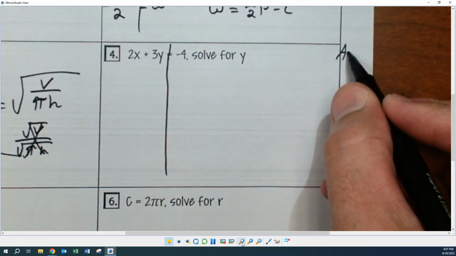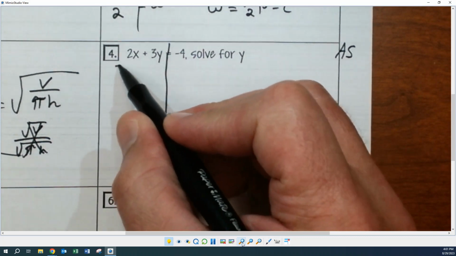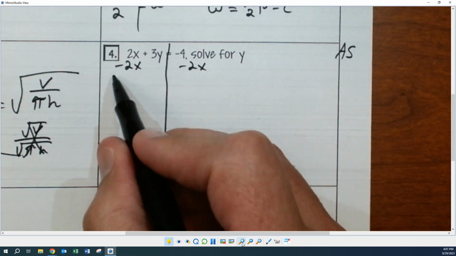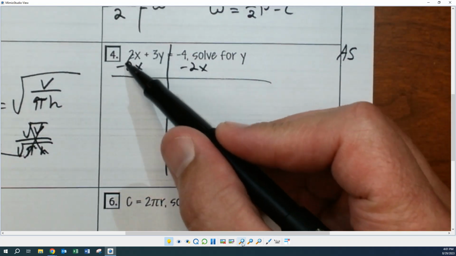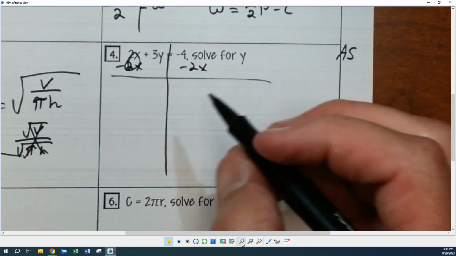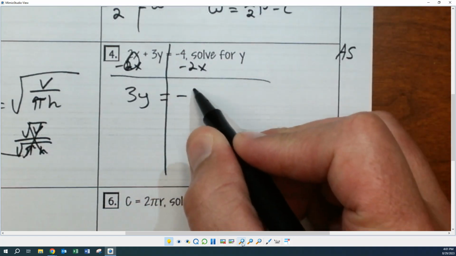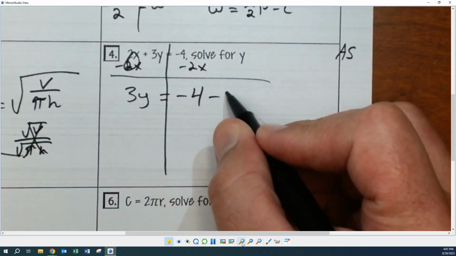I'm going to deal with adding and subtracting first. Instead of adding 2x, I'm going to subtract 2x. 2x minus 2x is 0, and it goes away.